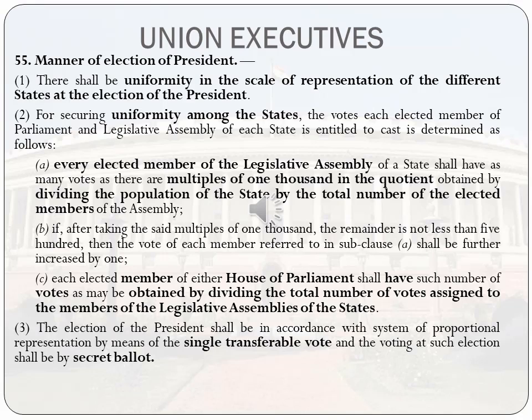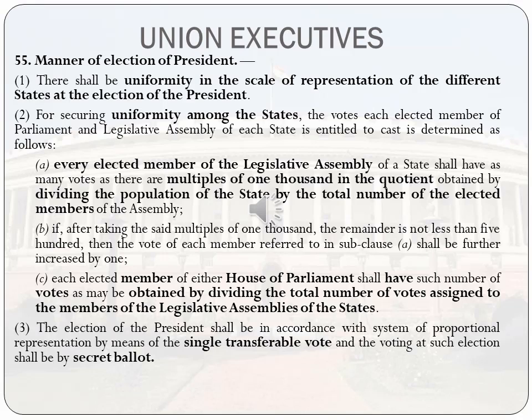For every elected member of the legislative assembly of the state, there shall be as many votes as there are multiples of 1000 in the quotient obtained by dividing the population of the state by the total number of elected members of the assembly.